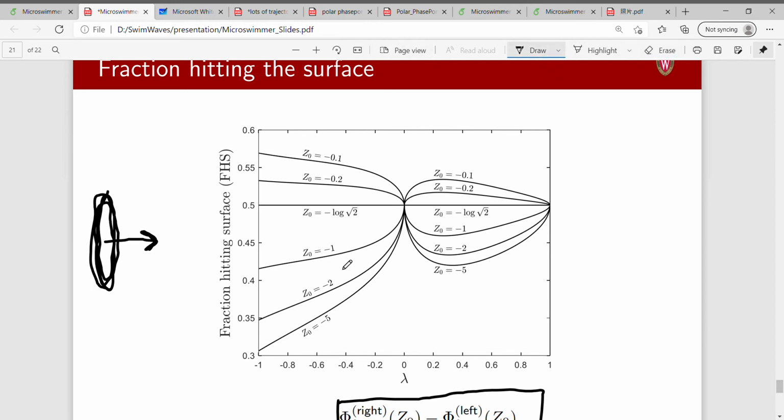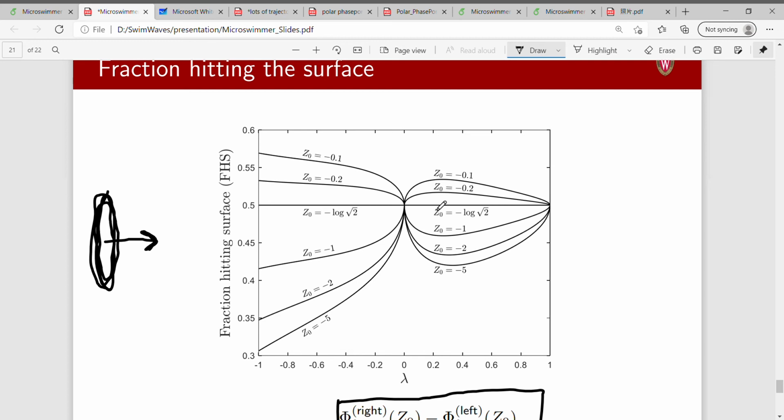You can see that the oblate microswimmers are more affected by the waves, because as it goes deeper, more microswimmers will not be able to swim back to the surface.